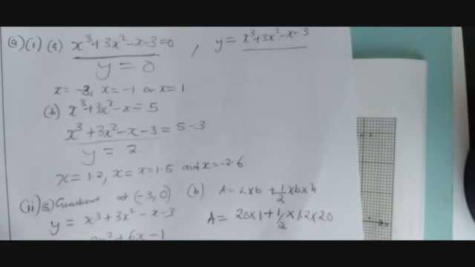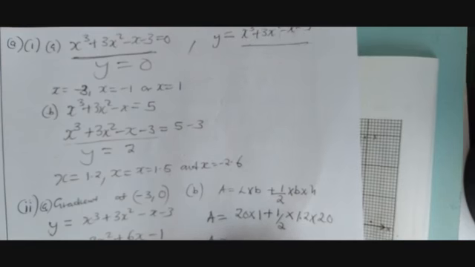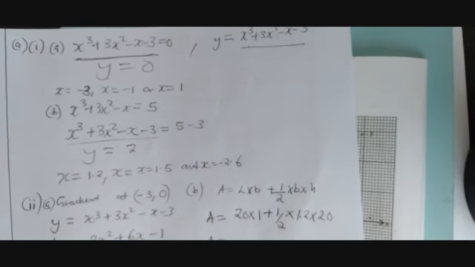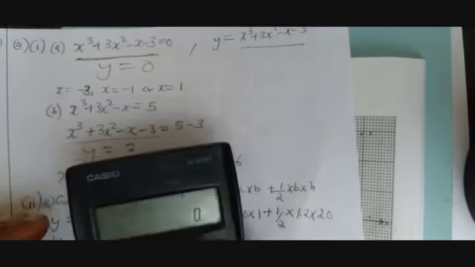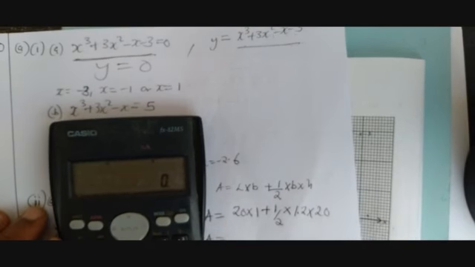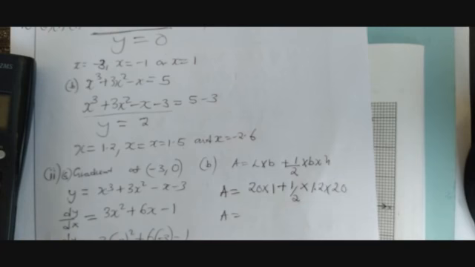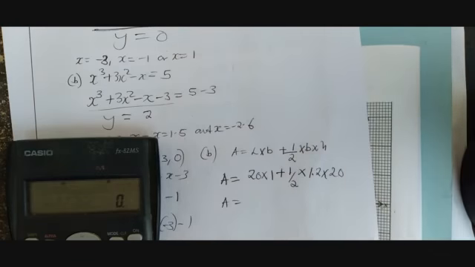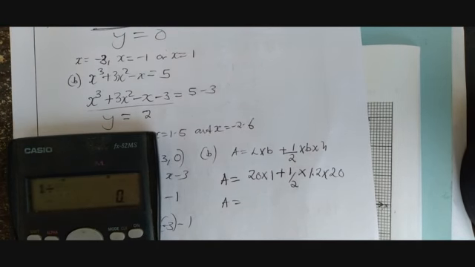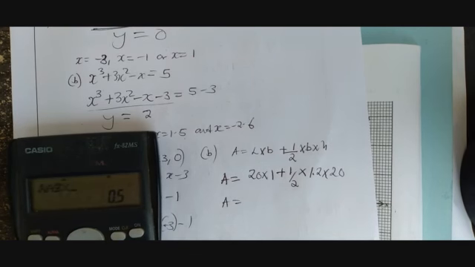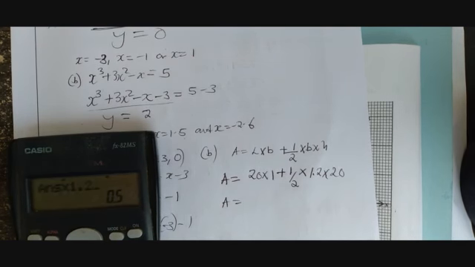Okay, so what are you going to get? You can say I have 1 divided by 2 is equal to 0.5 times 1.2 times 20.